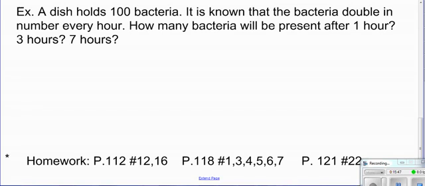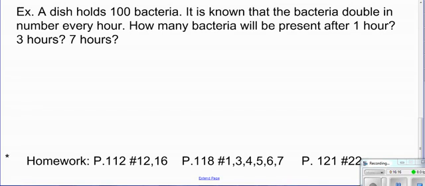So 1 bacteria becomes 2, 2 becomes 4, 4 becomes 8, 8 becomes 16, 16 becomes 32, etc. Every time they double in number. We call this exponential growth because it's doubling every time. It's speeding up. The more you have at one instance, when the next split happens, you're going to have double that amount. So it's getting larger and larger exponentially.